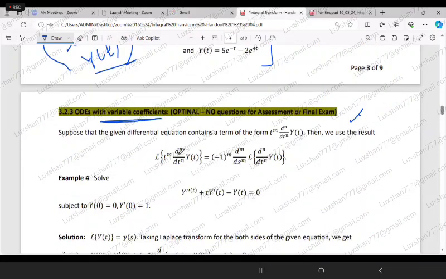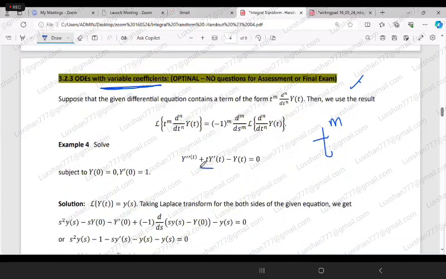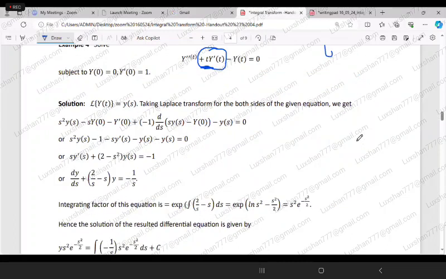I'm not going to discuss this one in detail. Here we are discussing a special type of variable coefficient, where the variable is in the form t to the power m. We are not discussing any other form. This is very simple because you can use the multiplication by t to the power n property to solve this equation.